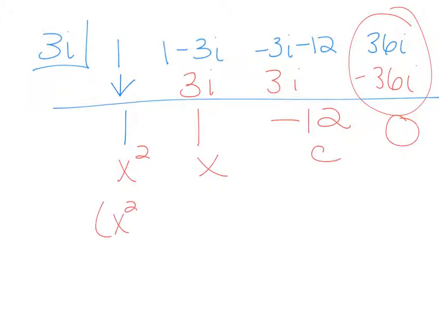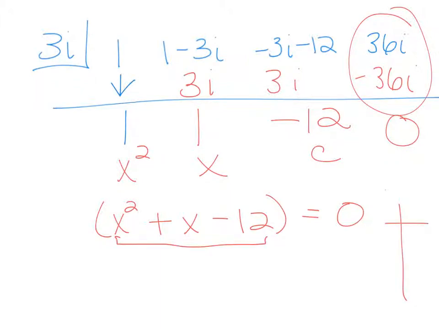So I need to find the zeros of this quadratic function. And I think, hopefully this time I'm right, I can go ahead and factor this. So what multiplies to be negative 12 but adds to be a positive 1, because again this coefficient is 1 in front of x. And two numbers that multiply to be negative 12 but add to be 1 are 4 and negative 3.